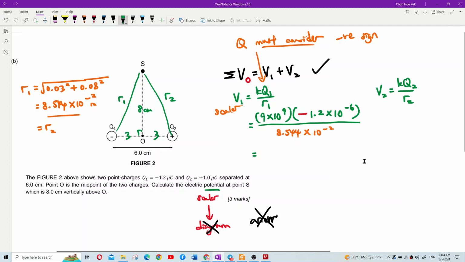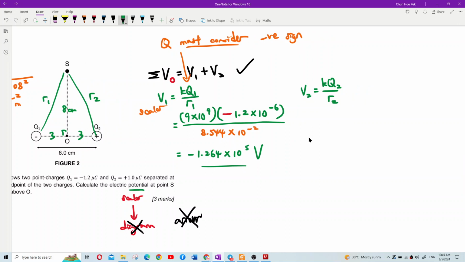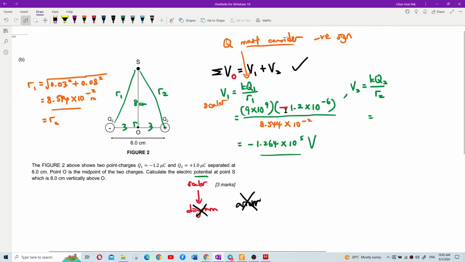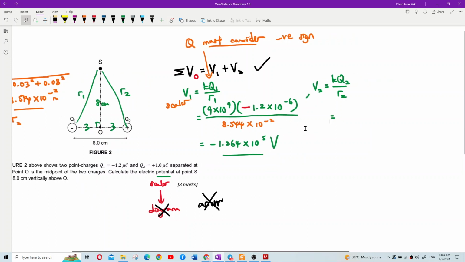Okay, so calculate. What do you get? Negative 1.264 exponent 5 volt. So this one is V2. V2 is Q2, 1 micro, over the same thing.